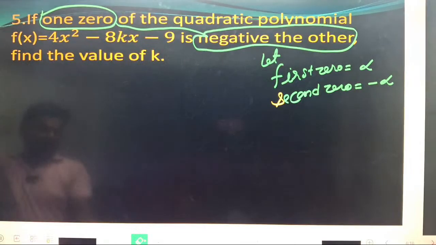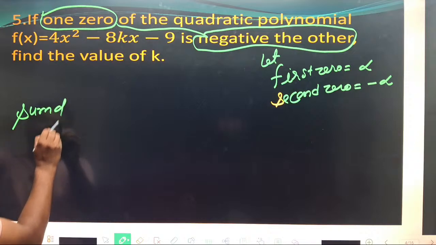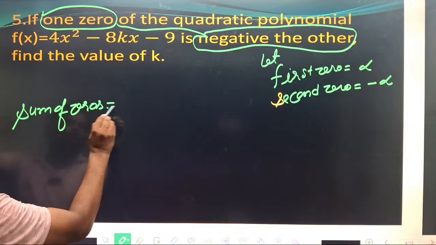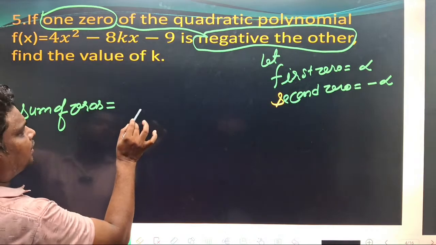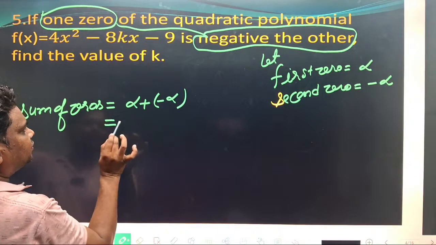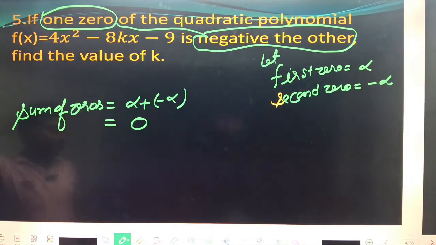Sum of zeros means alpha plus negative alpha, the positive and negative cancel out, and the result is 0.